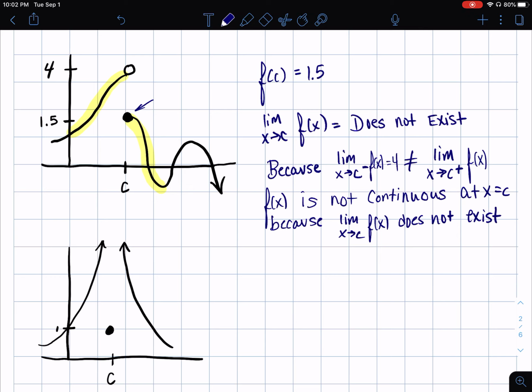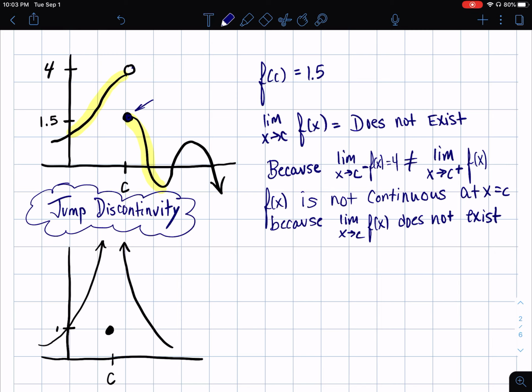So we really want to justify that well. This is what we call a jump discontinuity. This is that situation where if I have to travel on my graph, I have to jump from here to here. That's what we're referring to when we say jump discontinuity.